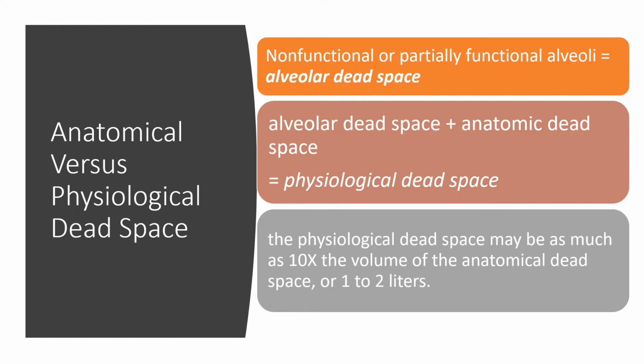In a normal person, the anatomical and physiological dead spaces are nearly equal because almost all of the alveoli are functional in the normal lung. However, in a person with partially functional or non-functional alveoli in some parts of the lungs, the physiological dead space may be as much as 10 times the volume of the anatomical dead space, or 1 to 2 liters.